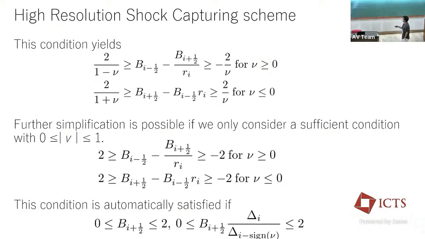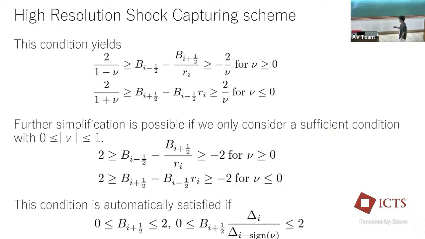And this condition is automatically satisfied if both conditions are satisfied, which means that B at i plus 1 over 2 is between 0 and 2, and B at i plus 1 over 2 times delta_i over delta_{i minus sign} u is between 0 and 2.